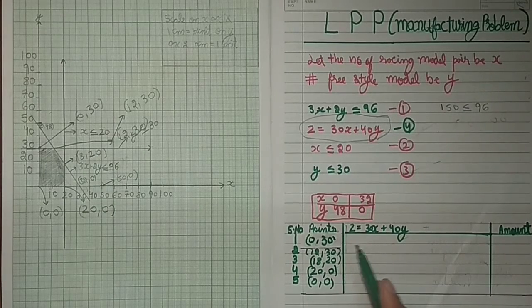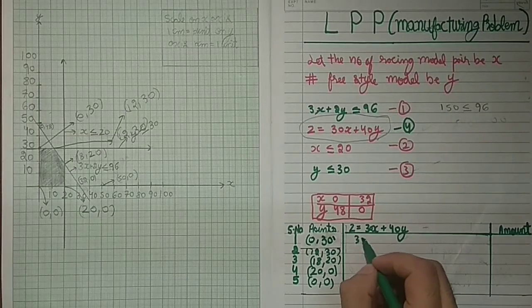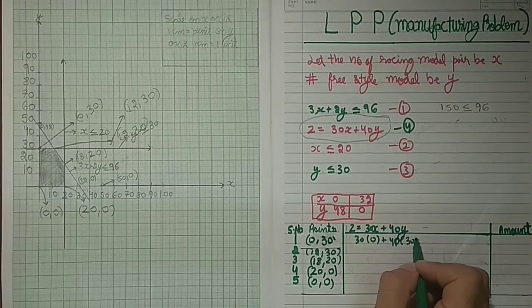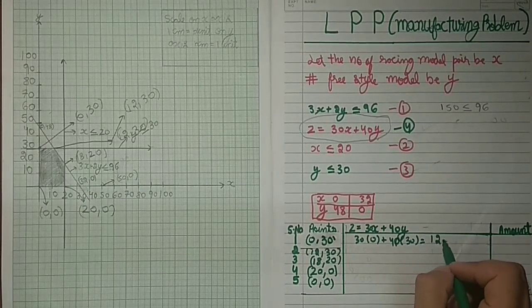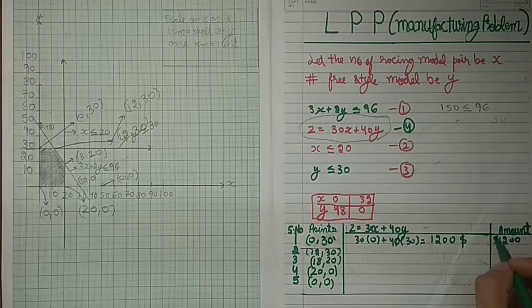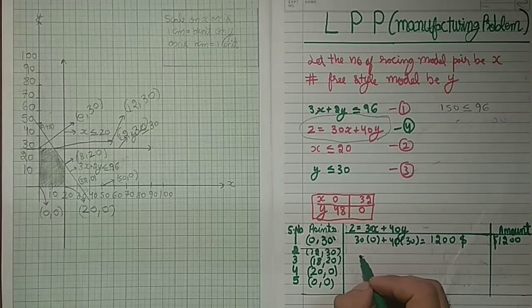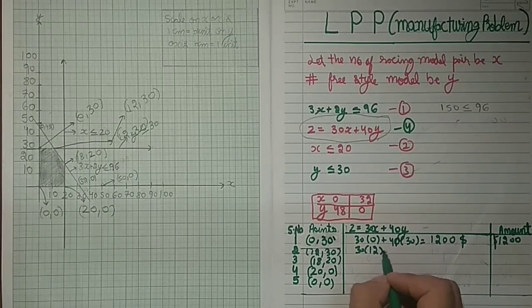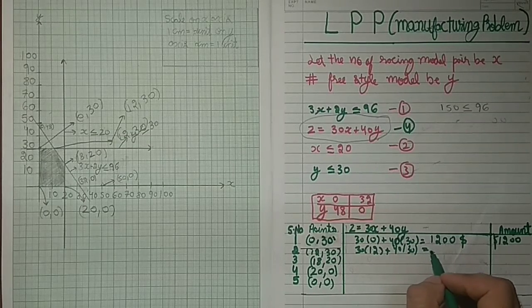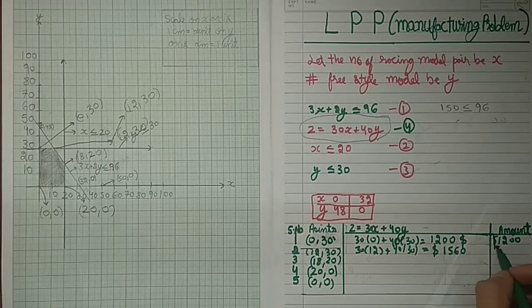When we put these points in our objective function, we get 30 into 0 plus 40 into 30, that is equal to $1,200. So the final amount is $1,200. Next we put point number 2 in our objective function. So we get 30 into 12 plus 40 into 30. So altogether we get $1,560.